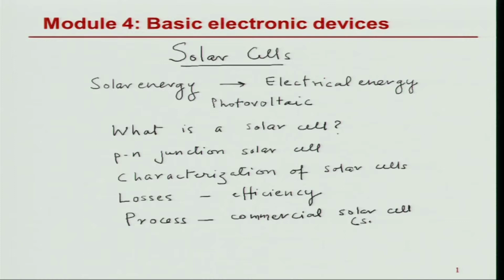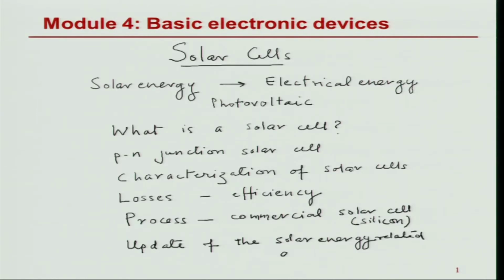This is basically in silicon, and give a brief update of the field on where we are right now. So at the end of the lecture, I plan to cover all these topics.